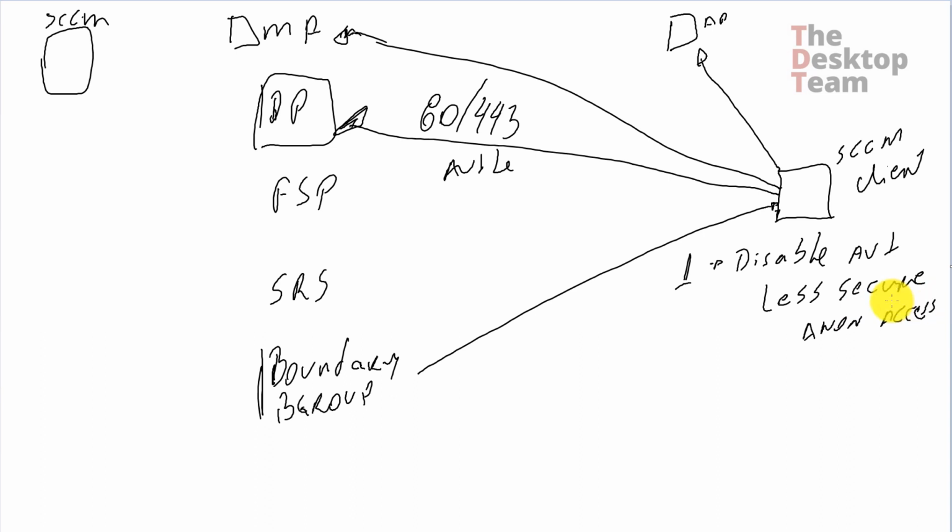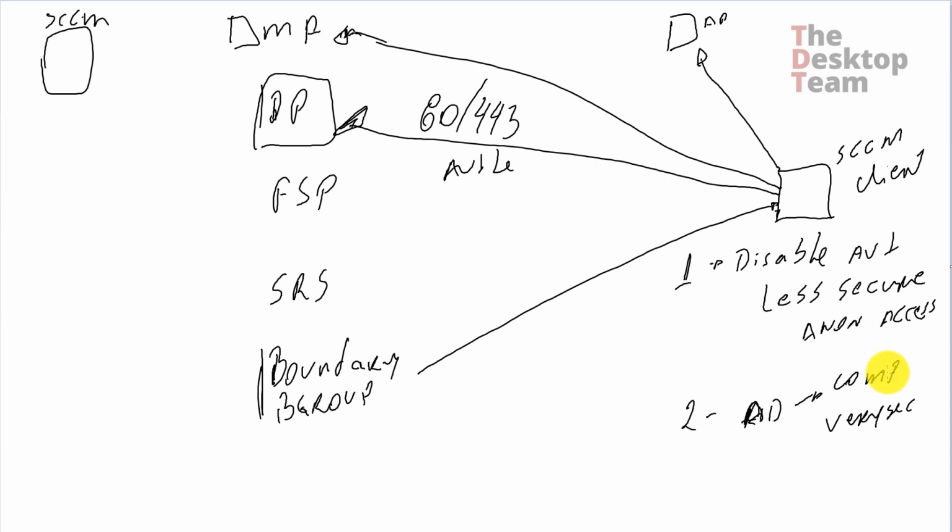Okay. The other option is all machines are domain joined in Active Directory. So we use the computer account to actually do the connection. This is very secure because we don't use a username and password.